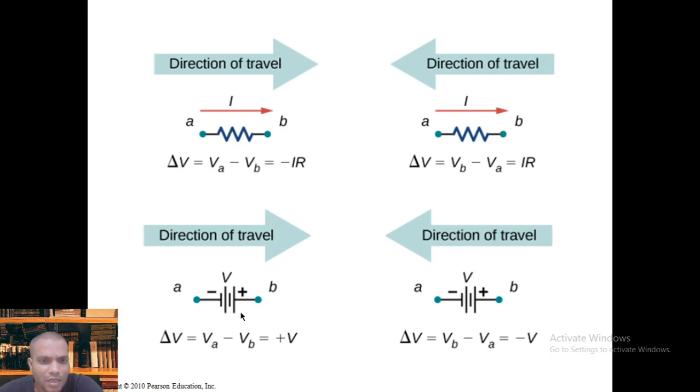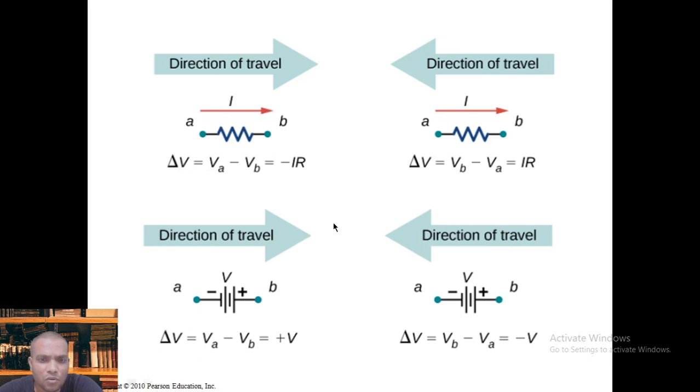Similarly for a cell, if I am crossing the cell from negative to positive, we consider the EMF as positive, plus V. It is the opposite when I am crossing the cell from positive to negative, in which case we consider the EMF value as negative.